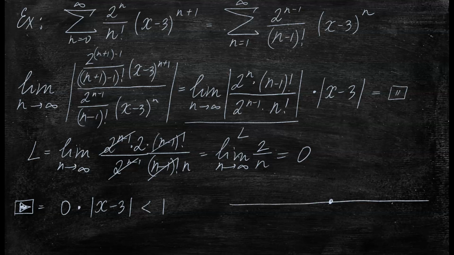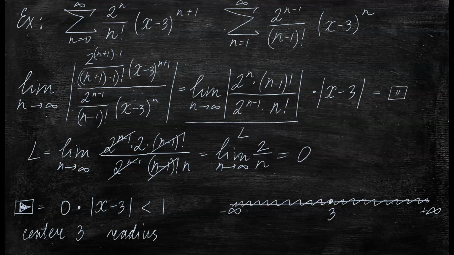It will be centered at 3, and it will be all the values of x. And we identify the center as 3, and we identify the radius as infinity, and the answer will be the interval of convergence is from negative infinity to infinity.